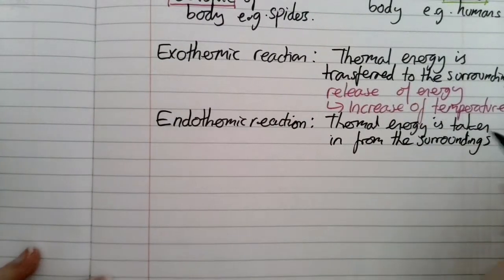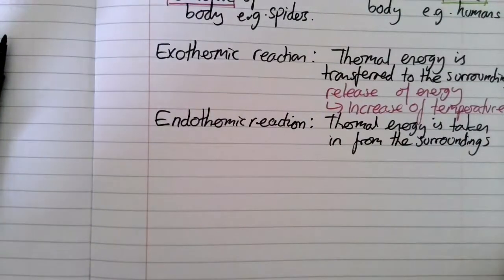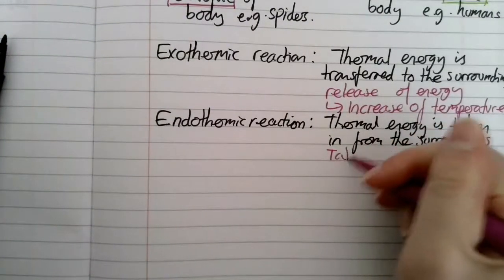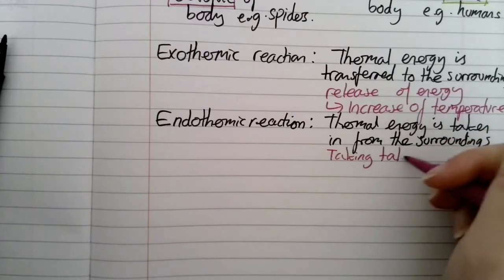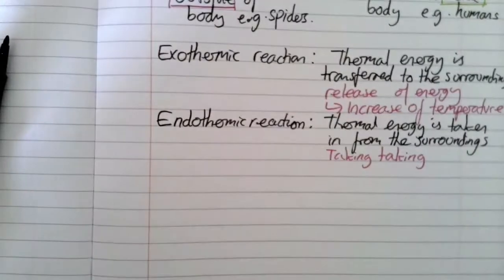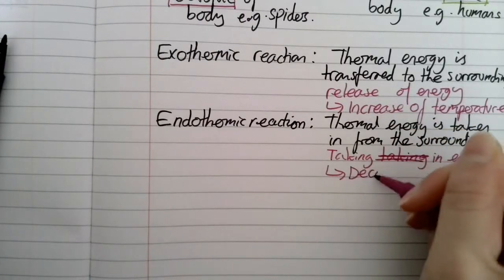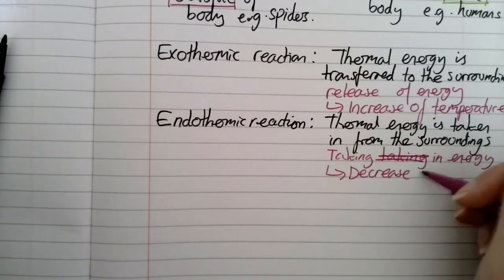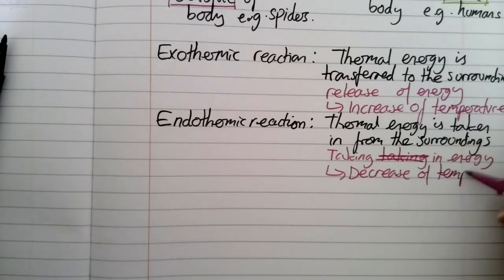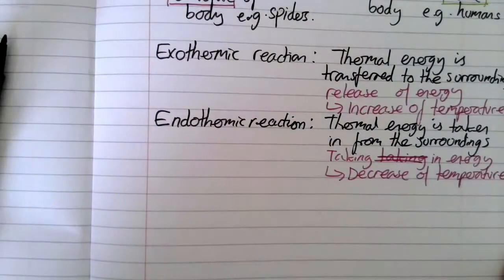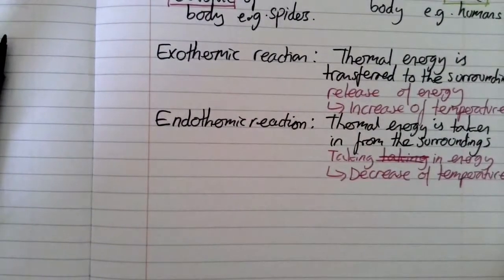So if we're taking in energy, our temperature of our surroundings, if our thermal store is decreasing, then we are going to decrease our temperature. As that thermal store of surroundings is being reduced.